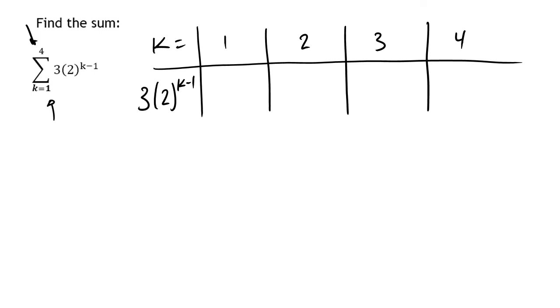The very first time we're in here, k equals 1. So we end up with 3 times 2 to the 0 power, because 1 minus 1 is 0, which is 3, right? 2 to the 0 power is 1. So we've got a 3 for our first term. The second term, k is taking on the value of 2, so I have 3 times 2 to the first power, which is 6.